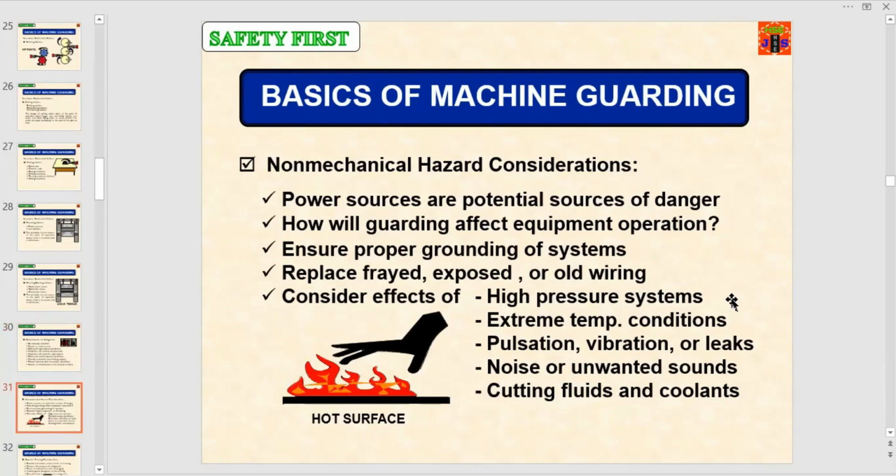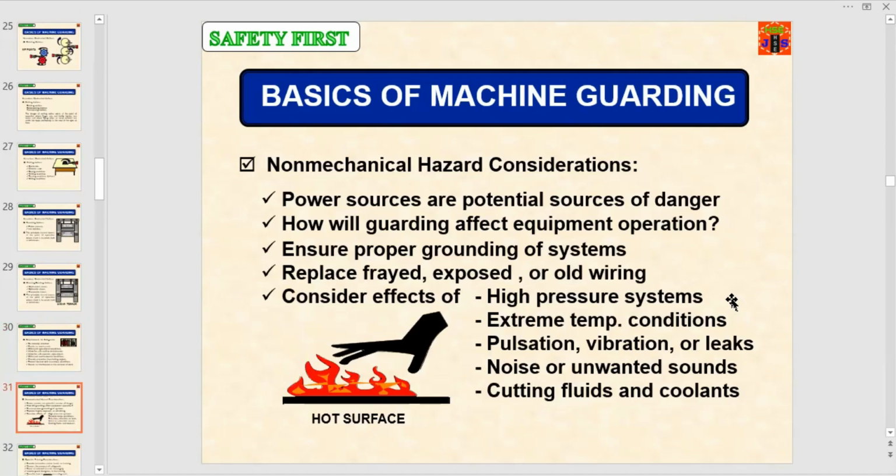Now, we will discuss non-mechanical hazards consideration. Power sources are a potential source of danger. How will guarding affect equipment operation? Ensure proper grounding of the system. Replace frayed, exposed, or old wiring.